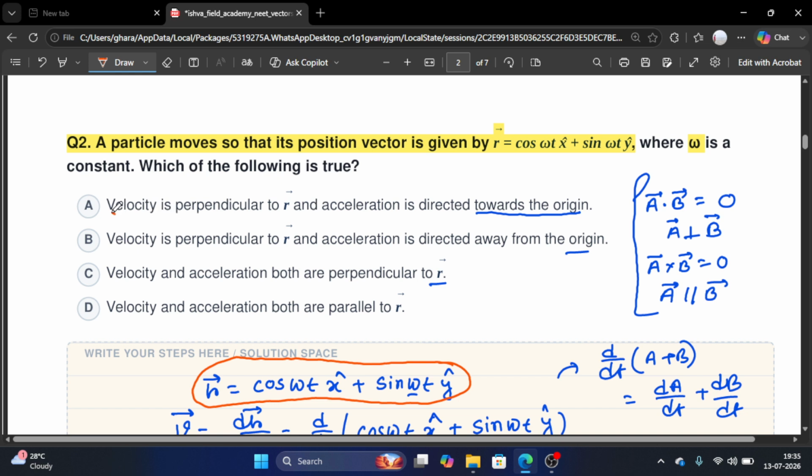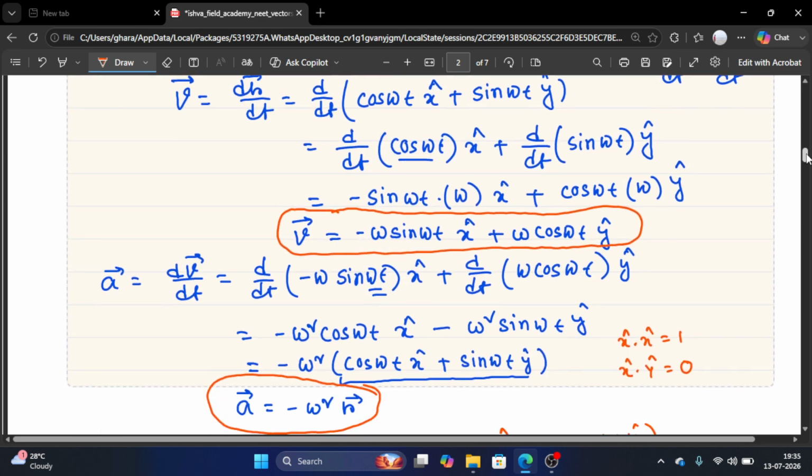So the velocity is perpendicular to r. Now we also check the acceleration by calculating the dot product.